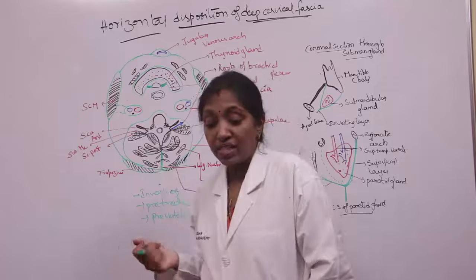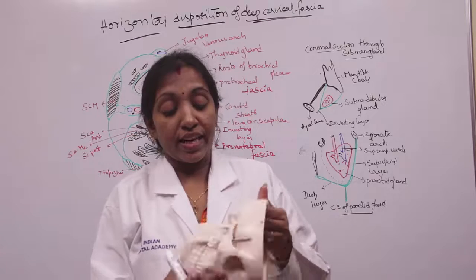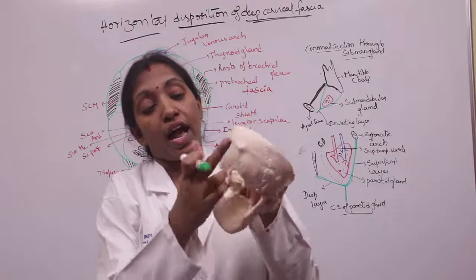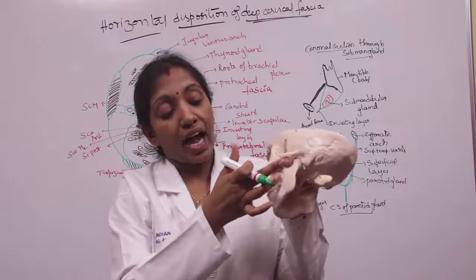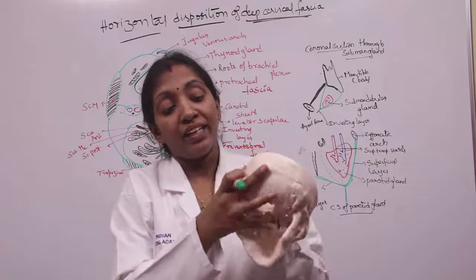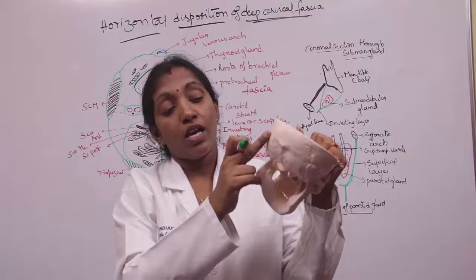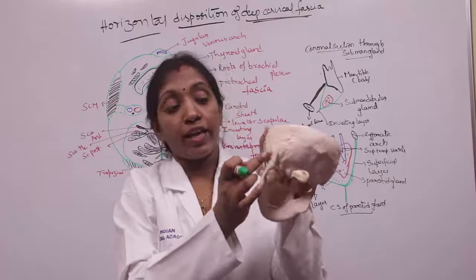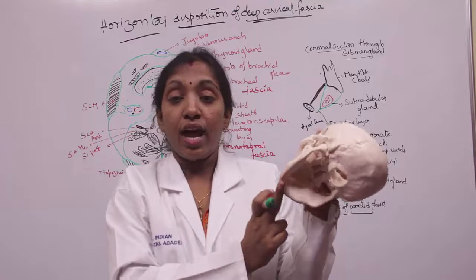Coming to the attachments of the investing layer of deep cervical fascia. Above, it is attached to the external occipital protuberance and the superior nuchal lines, and to the mastoid process and part of the temporal bone, and also the external acoustic meatus, zygomatic arch, and lower border of the angle of the mandible.